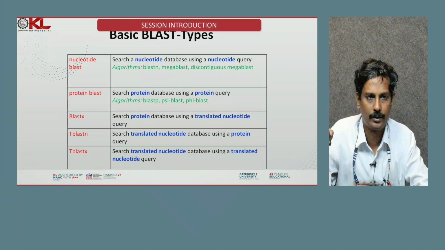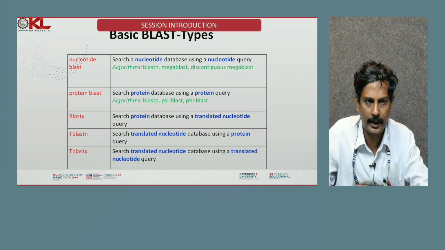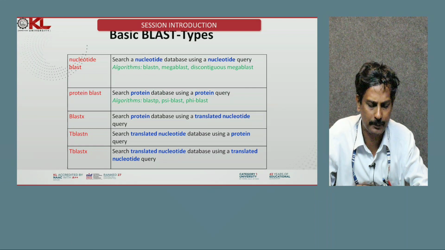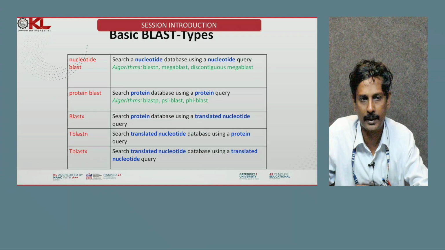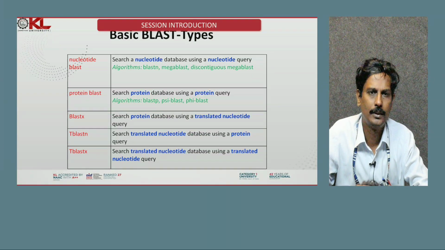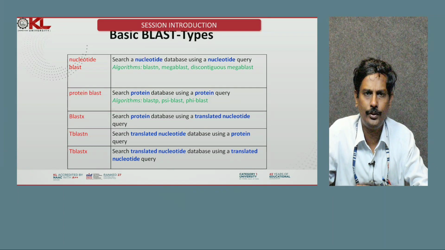These are the BLAST types. Sometimes they ask for the different BLAST types and comparisons between them: nucleotide BLAST, protein BLAST, BLASTX, TBLASTN and TBLASTX. What do we mean by nucleotide BLAST? It searches a nucleotide database using a nucleotide query.